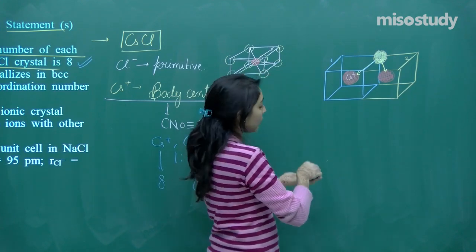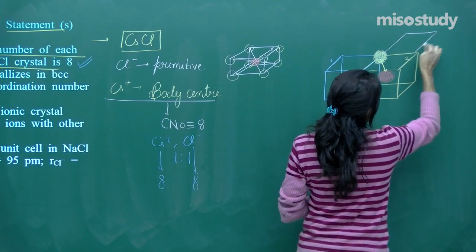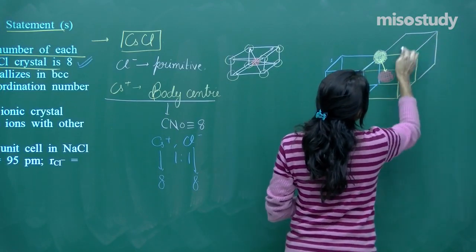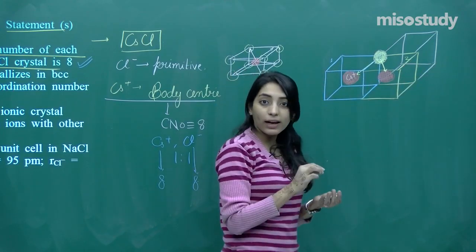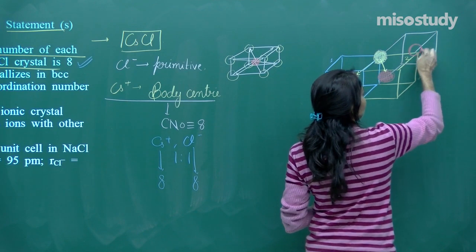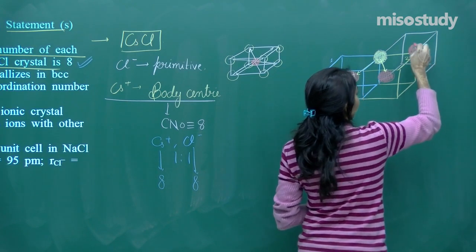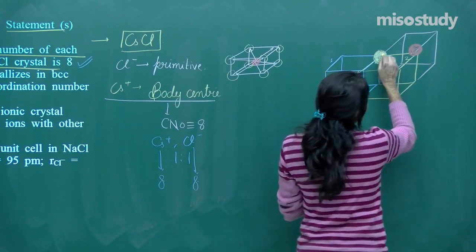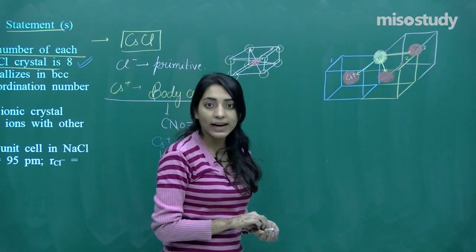Now the same chlorine must be a part of another cube as well, something like this, which is there at the back of the yellow one, and another cesium must be there in the center. And this chlorine must be directly touching this also. So cesium number 3, right?